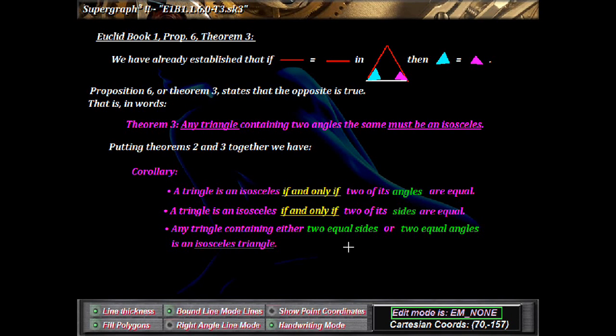and knowing this fact allows me, for instance, to construct an isosceles quite easily by simply constructing two equal angles.